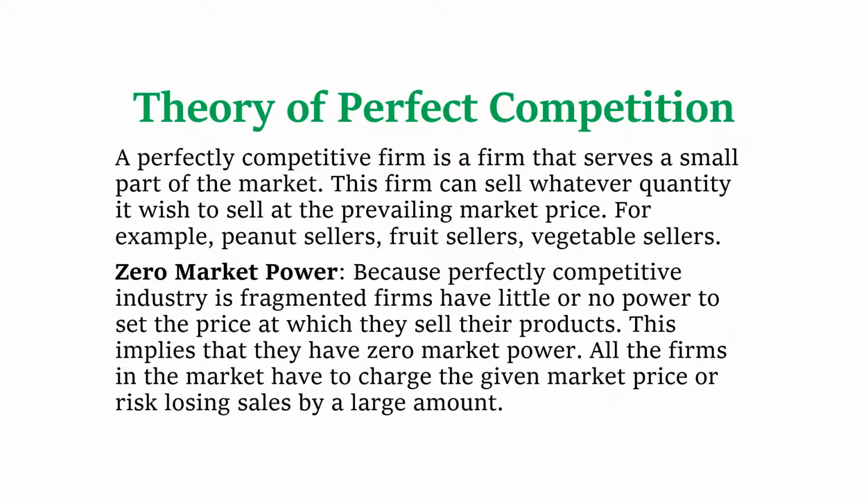Now, the same applies to fruit sellers. You see a bunch of fruit sellers, they all sell the same commodities, the same types of fruits. So they charge the same price, and no seller in that particular market has any power to influence the market price.